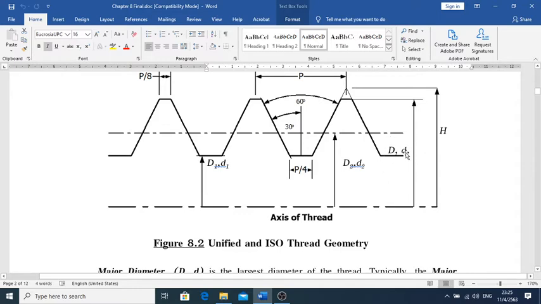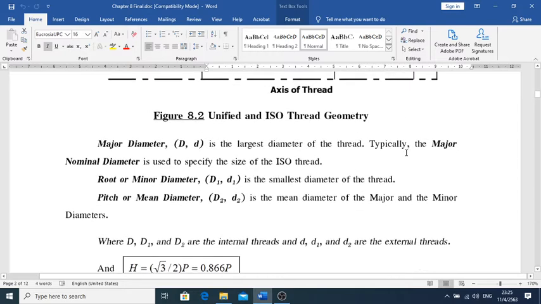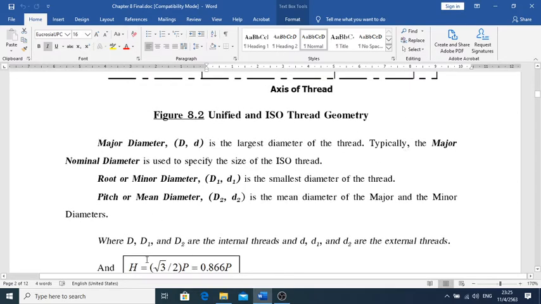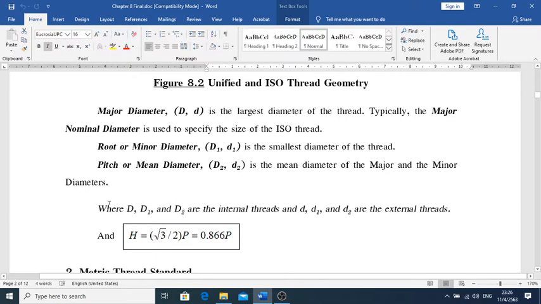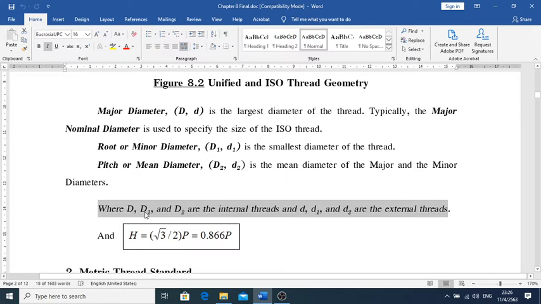The capital D, D1 and D2 are for the internal thread, and the small d, d1 and d2 are for the external thread respectively. The internal thread means the nut, where we have the thread inside, and d, d1 and d2 are the external thread.